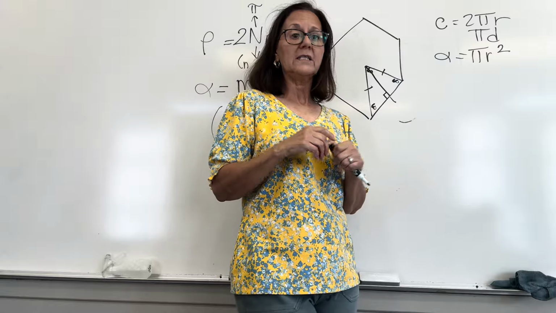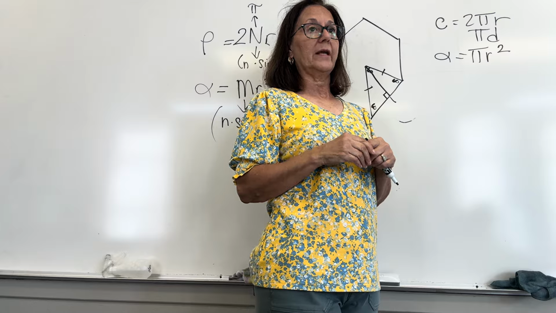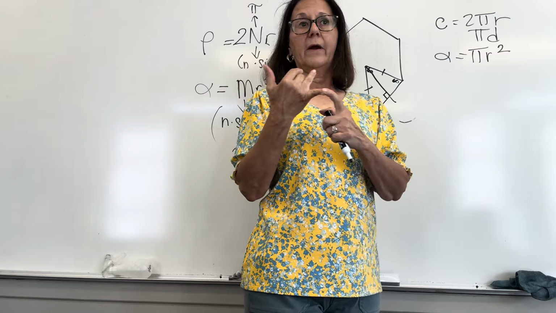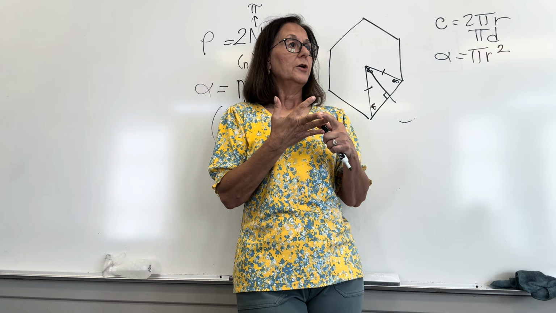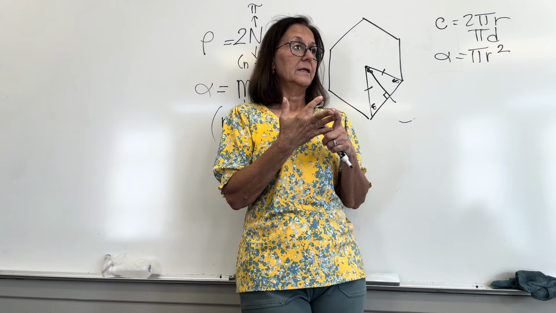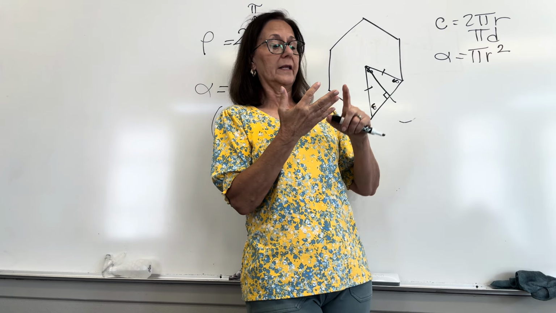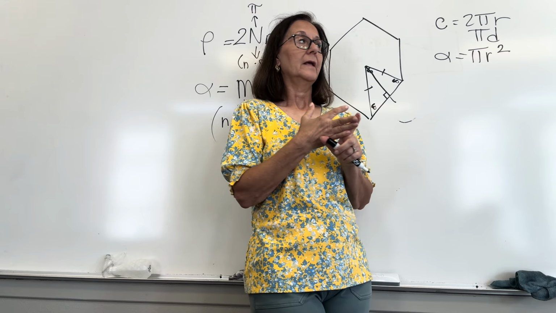So, if on a test I gave you the radius, you should be able to calculate the perimeter of a regular polygon and the area of that regular polygon. Well, I'd also have to give you how many sides it had, right?